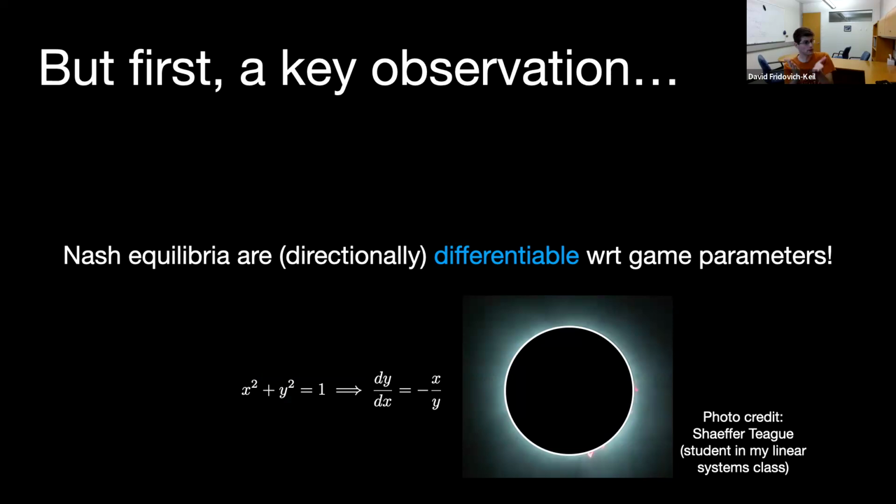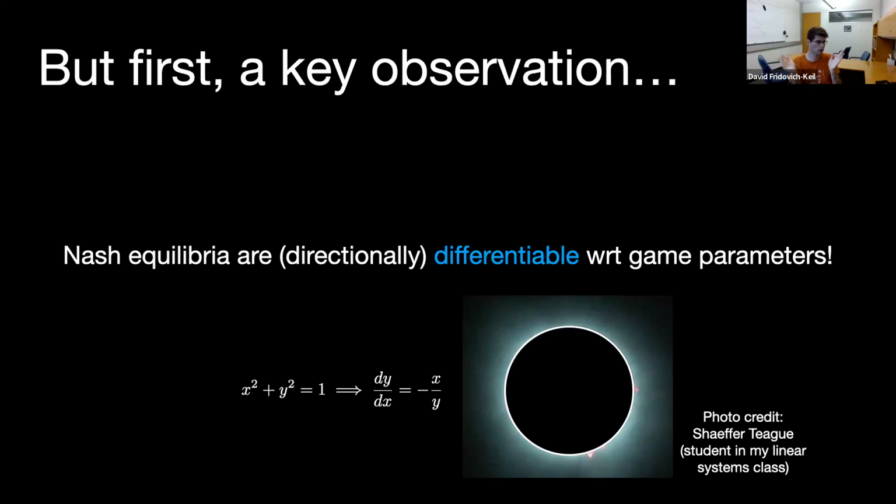So it turns out that Nash equilibria are differentiable with respect to parameters of the game, subject to some assumptions, of course. What this means is, let's say there's some hidden parameter of a player's objective. I can compute the derivative of the Nash equilibrium of the game with respect to that variable.